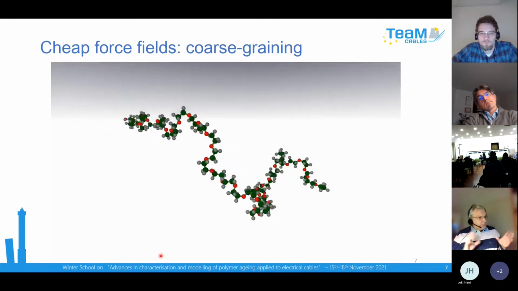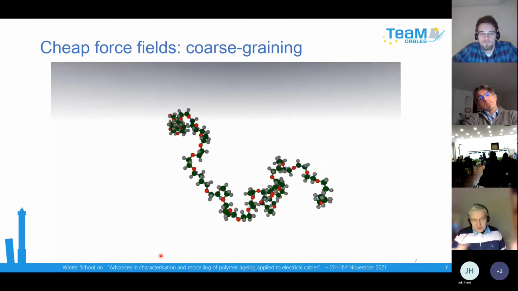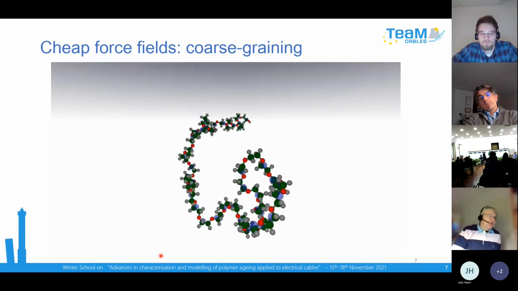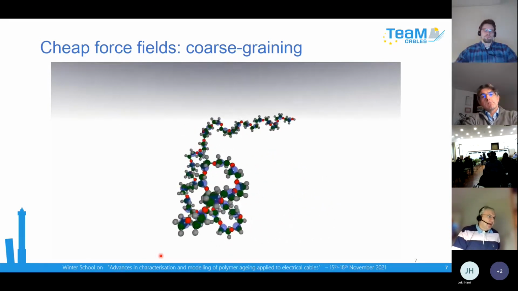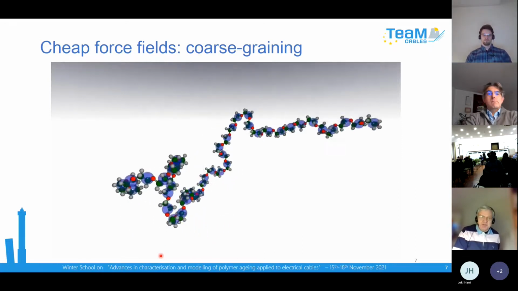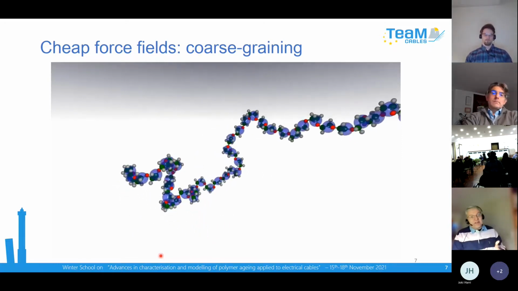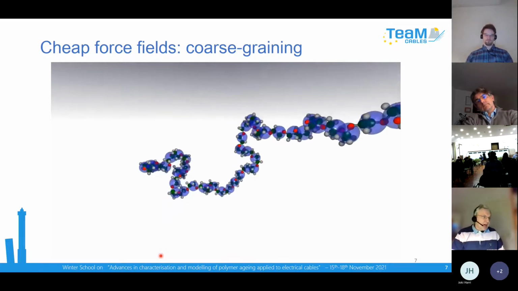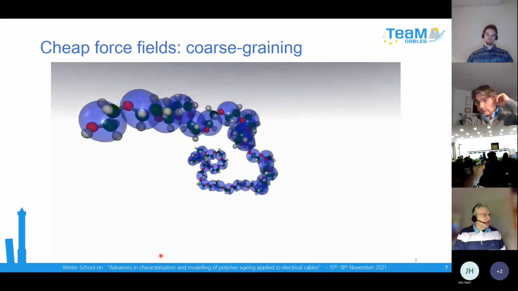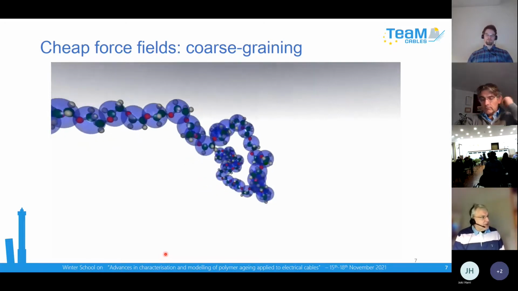Now, a polymer is a long chain, and if we include all the atoms in our description of the molecule, then we have a lot of atoms. And when we have a lot of atoms, we have to compute these forces and interactions many times, making the simulation very computationally expensive.